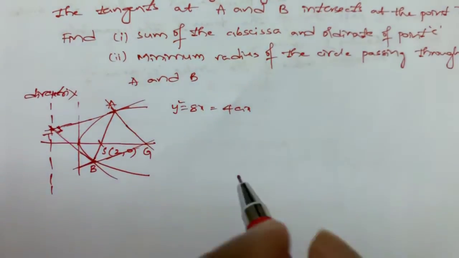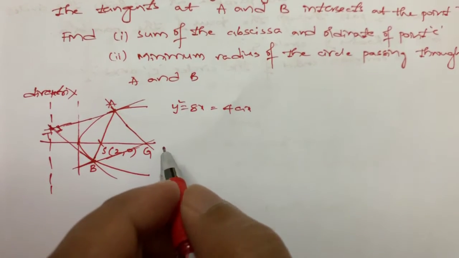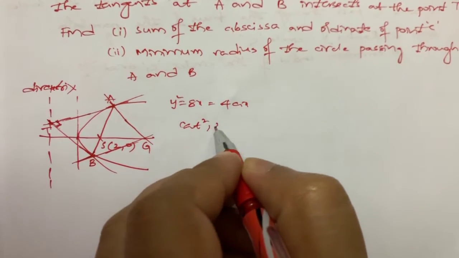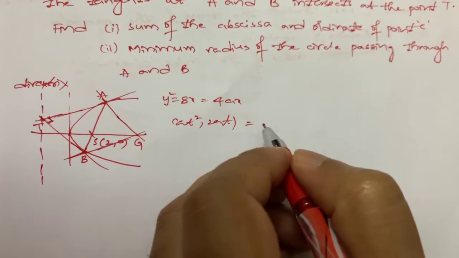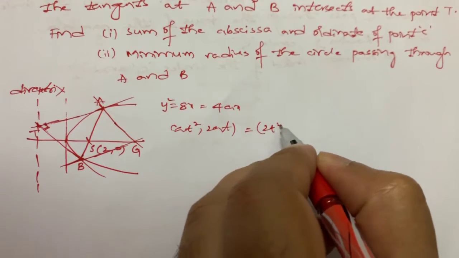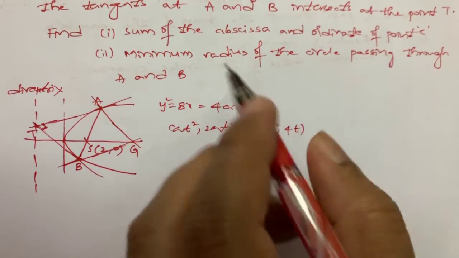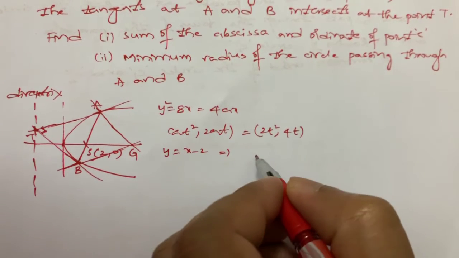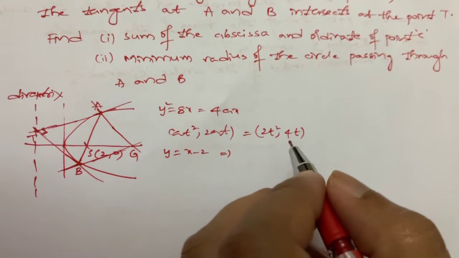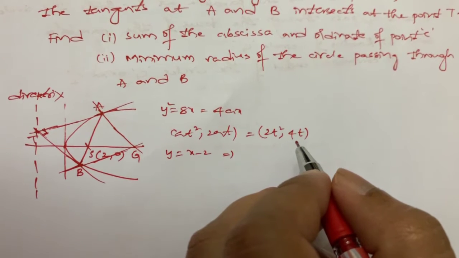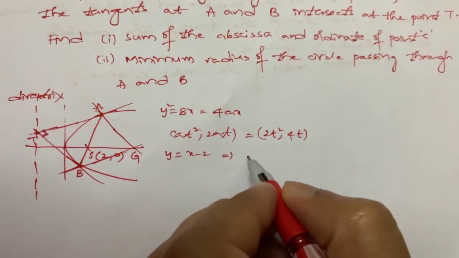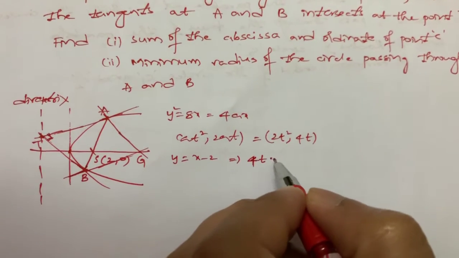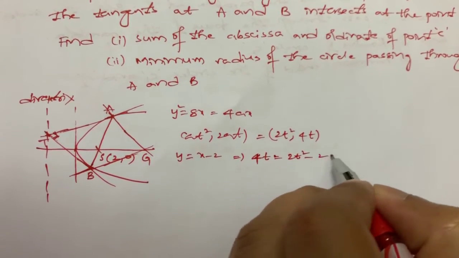Okay, first we will consider a parametric point on the parabola. The parametric point is (at², 2at), so this is (2t², 4t). It lies on the line y = x - 2. So the point (2t², 4t) is in this line: 4t = 2t² - 2.